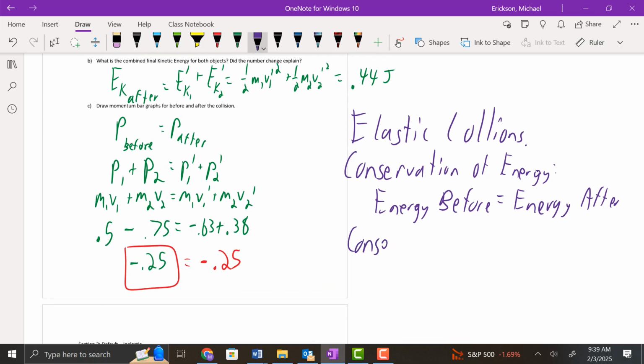Conservation of momentum is also true, which is the same thing but for momentum: momentum before is equal to momentum after.